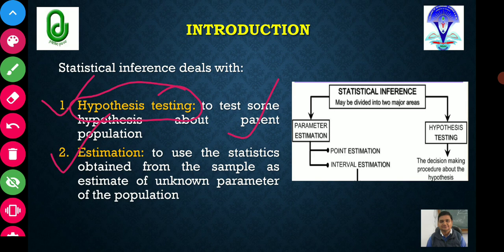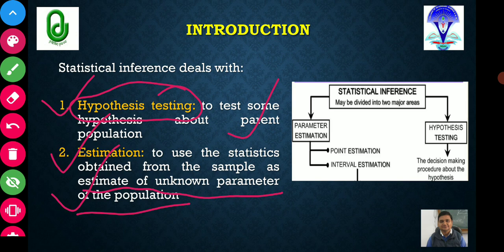Then the second procedure is estimation, which uses the statistics obtained from a sample as an estimate of an unknown parameter of the population. If you want to estimate the population parameter, then we have to go for the estimation procedure.